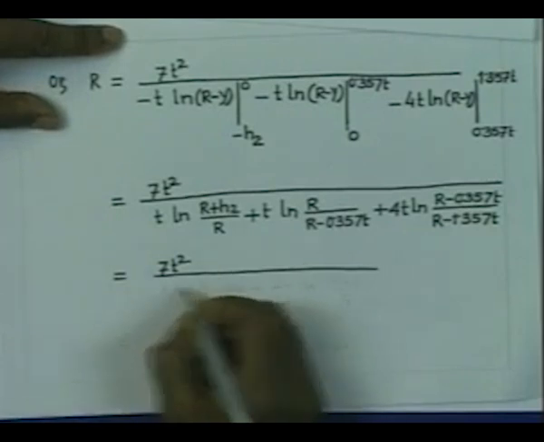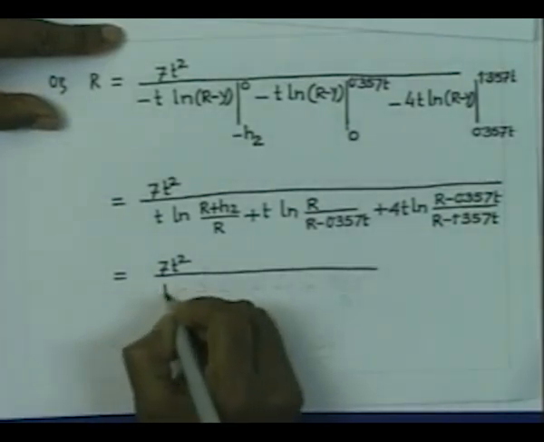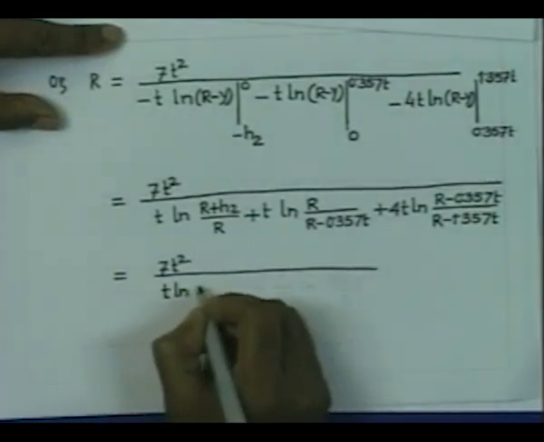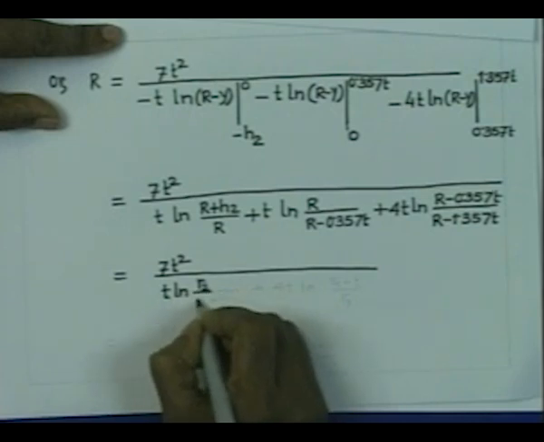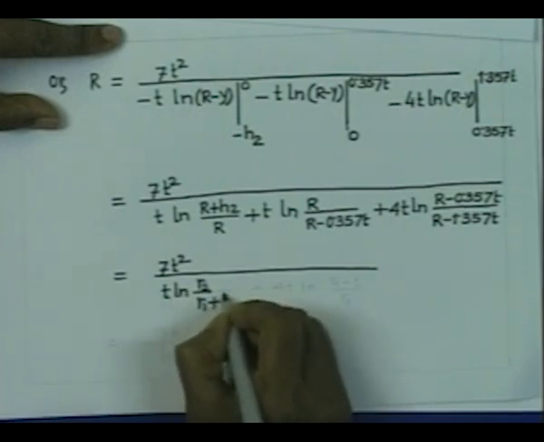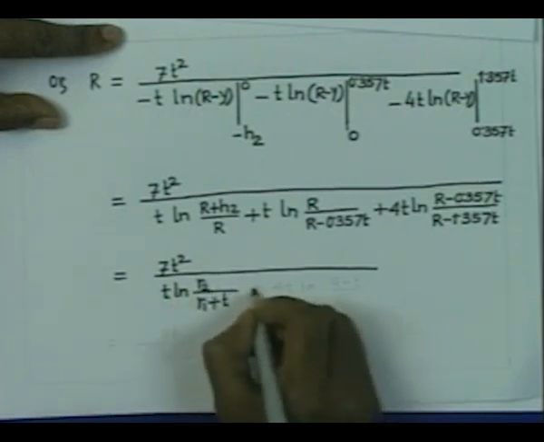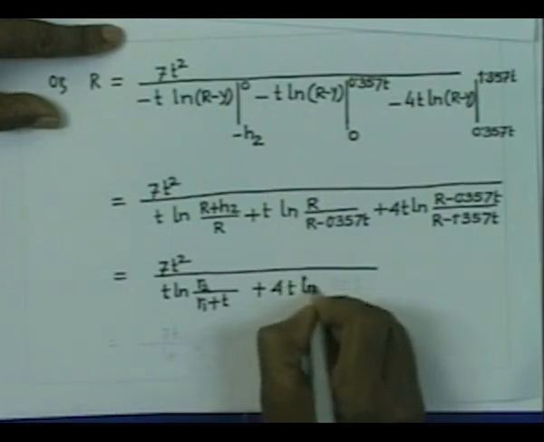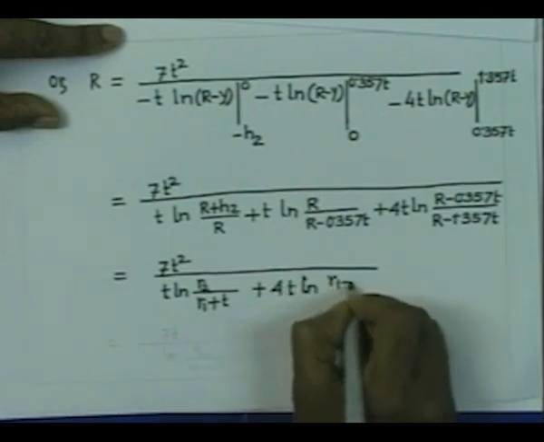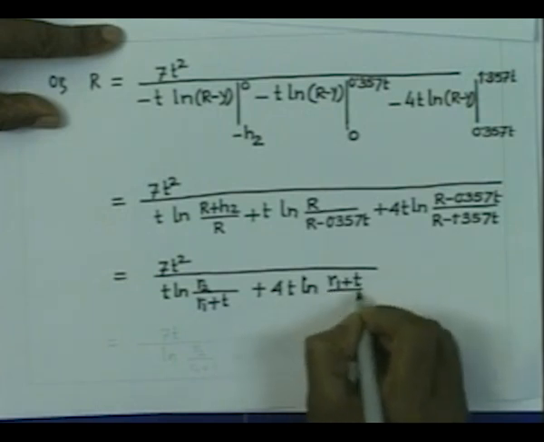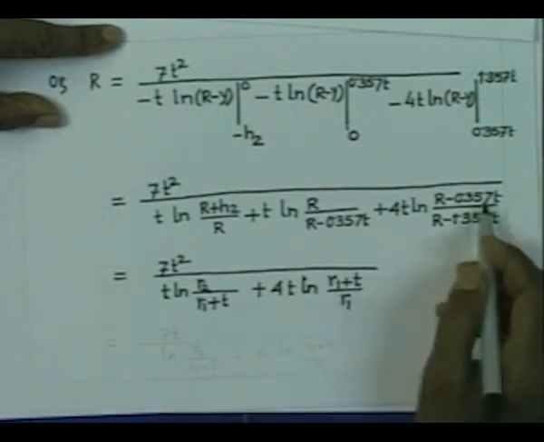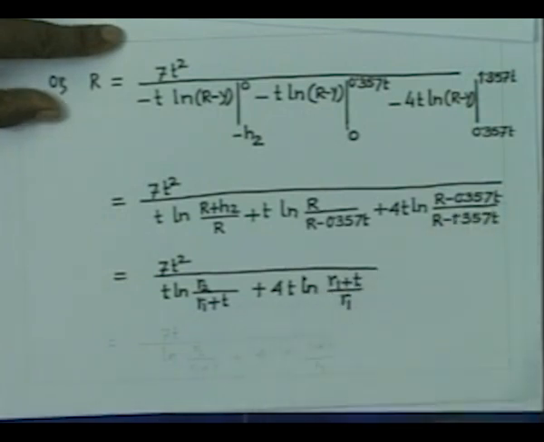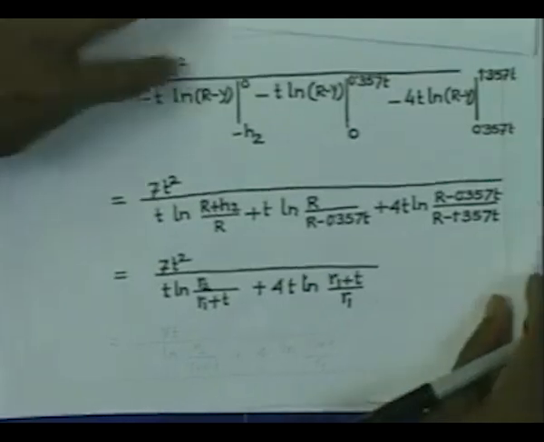And this is equal to ln r2 by r1 plus T plus 4T ln r1 plus T by r1. So, we are substituting the value here in terms of r1 and r2.